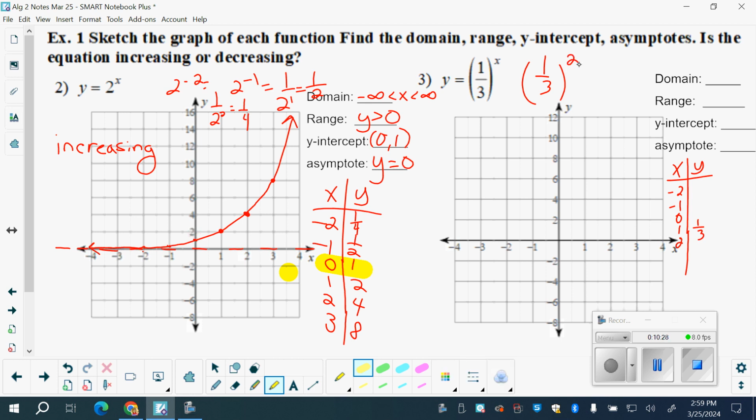What about 1/3 squared? 1/9. So 1/3 times 1/3 is 1/9. What about 1/3 to the 0? 1. That's right. Okay, now here's the tricky one. 1/3 to the -1.